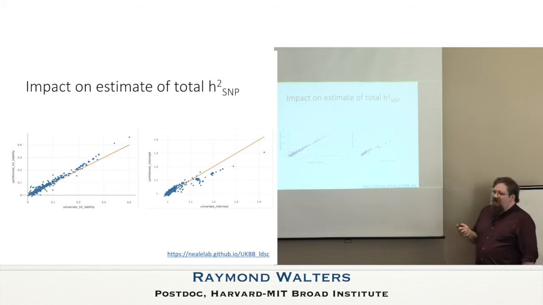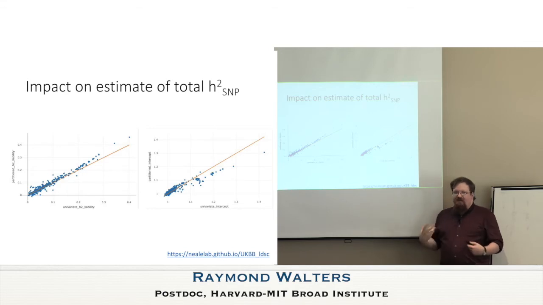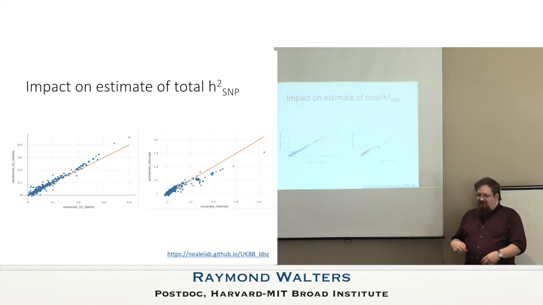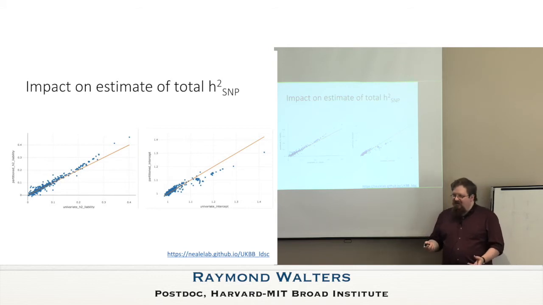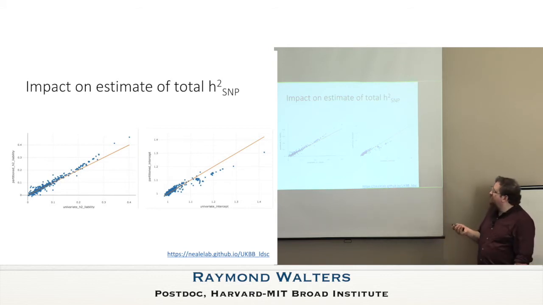So the univariate estimate is not doing too poorly despite the fact that it didn't have all this additional information. Adding that information is significant in terms of knowing about those annotations, but it's not making a huge difference to our inference about overall SNP heritability.